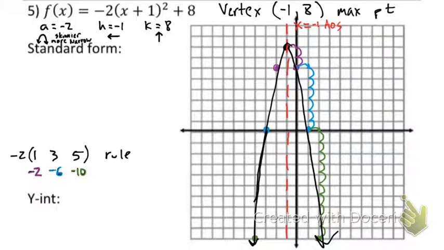So let's go ahead and put this in standard form. So we're going to take our function, put it y equals -2 times (x plus 1) squared plus 8. (x plus 1) squared is (x plus 1) times (x plus 1). Plus 8, don't forget your 2 here. So I'd like to multiply this stuff first. So I'm going to distribute x times x, x squared. x times 1, that's plus x. And then we do this again.